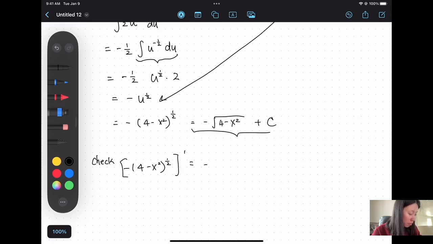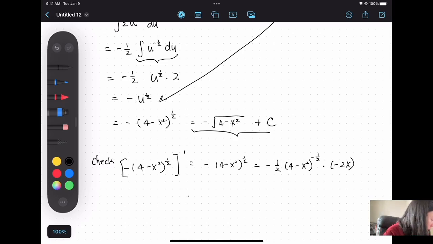The negative sign I can just put out and then differentiate (4 minus x squared) to the 1/2. By chain rule, I get 1/2 (4 minus x squared) to the 1/2 minus 1, which is negative 1/2, times whatever is inside the parentheses, which is negative 2x.